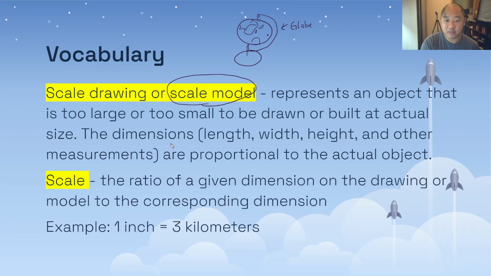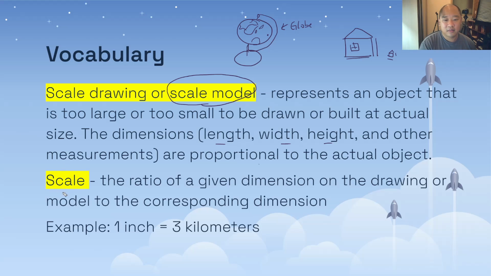The dimensions, which are things like the length, the width, the height, are proportional to the actual object. So if we were looking at a real house and then a toy of that house, the height would be proportional to the width, and so on.